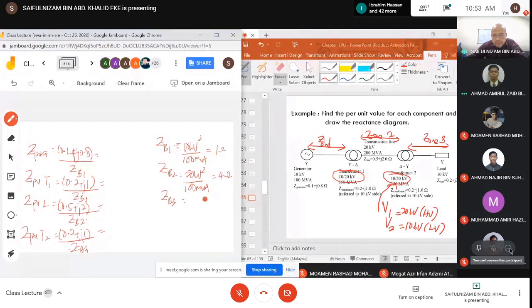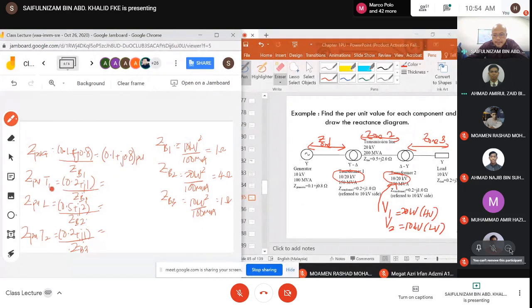ZB3 equals 10 kV squared over 100, which is 1 ohm. So the ZPU for the generator divided by Z base 1, same, divided by 1, you get 0.1 plus j0.8 PU.